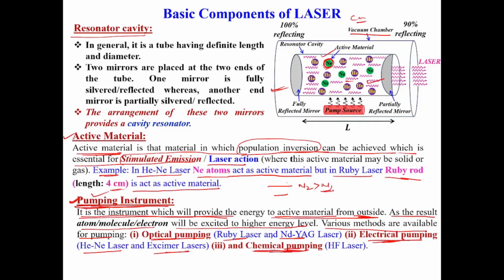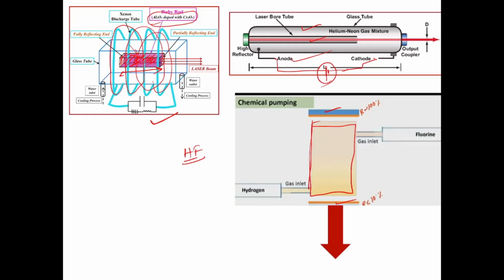Chemical pumping means we use active materials that automatically react with each other, and they activate themselves. This is the chemical pumping system. In the case of hydrogen fluoride laser, hydrogen is inserted inside the gas chamber, and on this side fluorine is inserted.